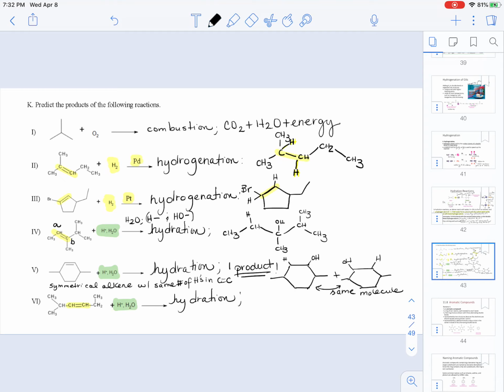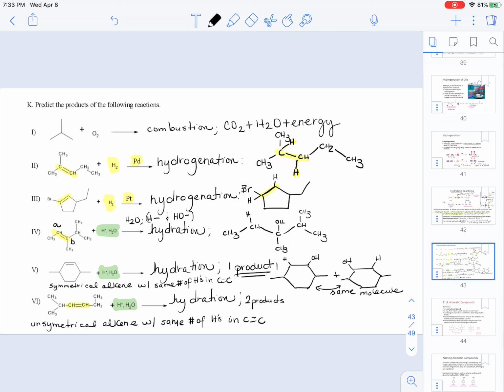So how about if we have an unsymmetrical alkene with the same number of hydrogens in the carbon-carbon double bond. Remember, directly attached to any of the carbons in the carbon-carbon double bond. When that happens, we will form two products.